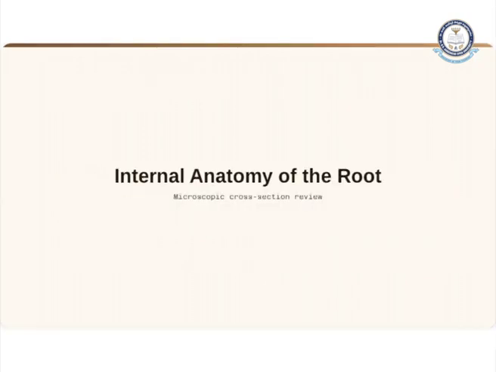Firstly, we are going to see the internal anatomy of the root. The root system present in the mulberry is a taproot system. This taproot system is present underground, and it has a primary root, and it gives anchorage and good support.